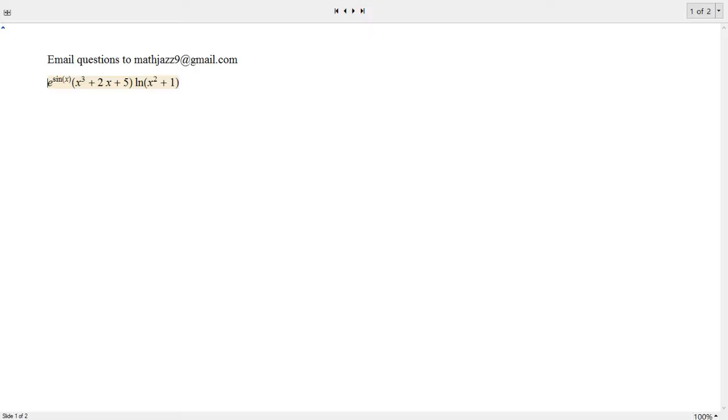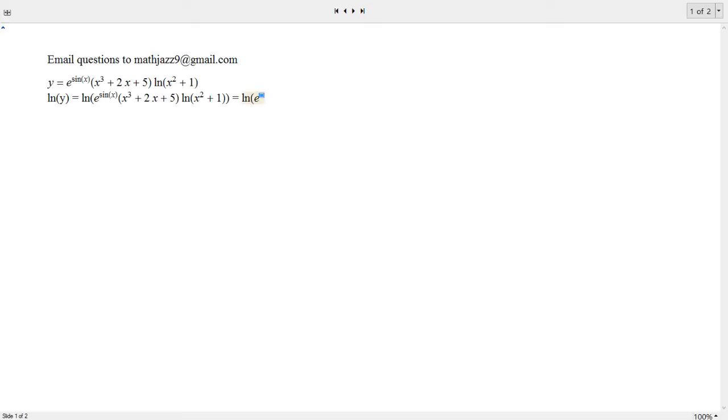So this is our function y, and we're going to first take the natural log of both sides of this expression. So we have the natural log of y is equal to the natural log of this thing. But then we realize that we can split products apart when they're arguments of logarithms.